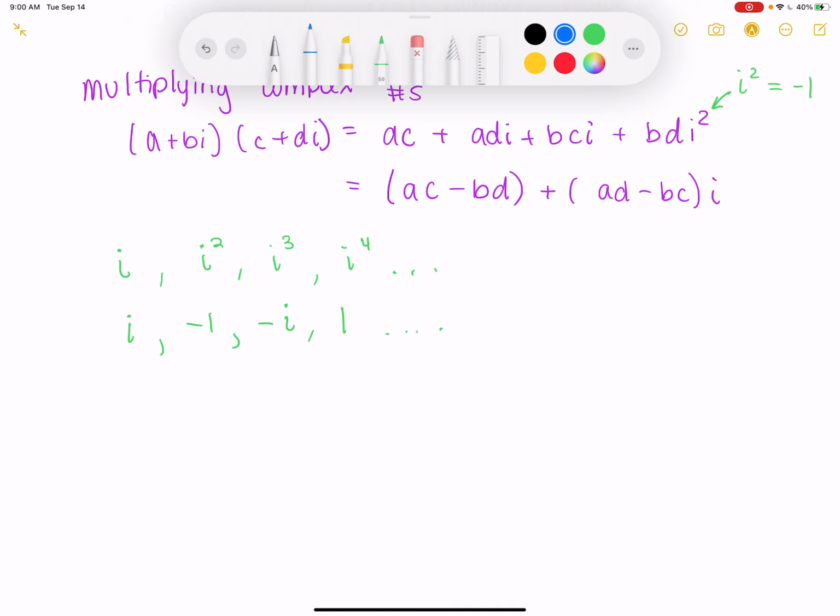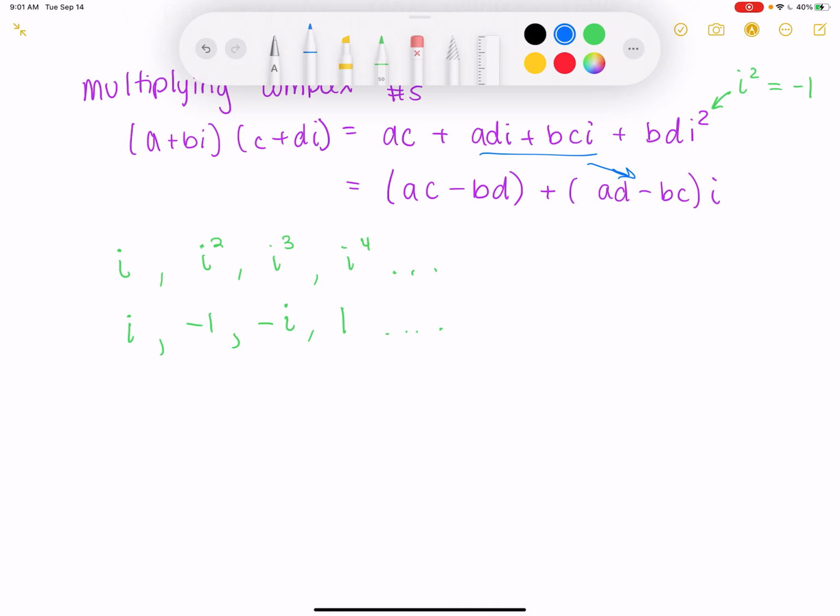Wouldn't the i go away though? This one did. That's why it's just ac plus or minus bd. But these two still have an i on them, so we just pulled the i out of those. And that's why they're over there with the i. Yeah. That makes a lot of sense.